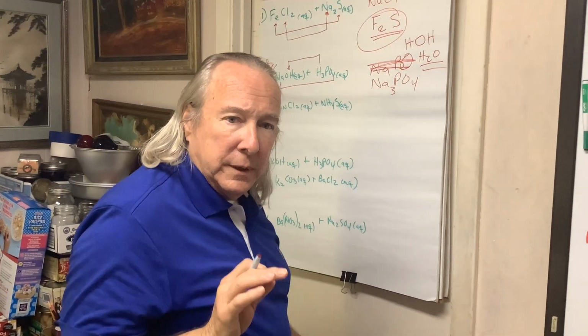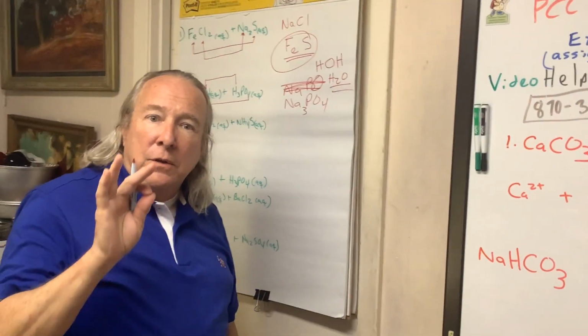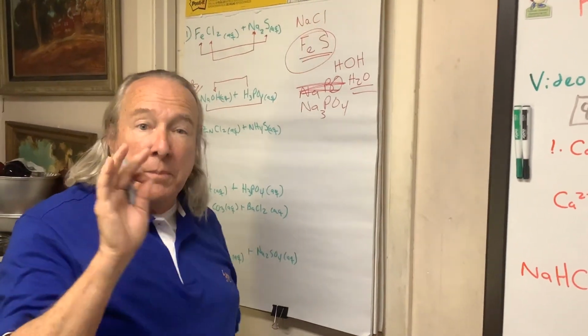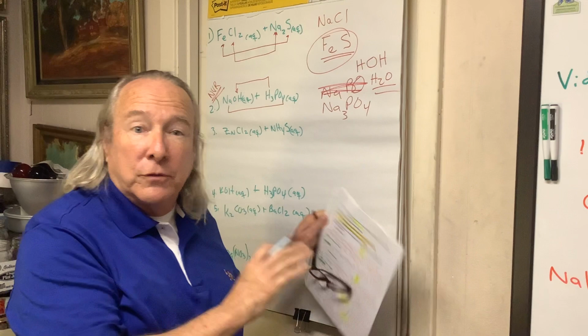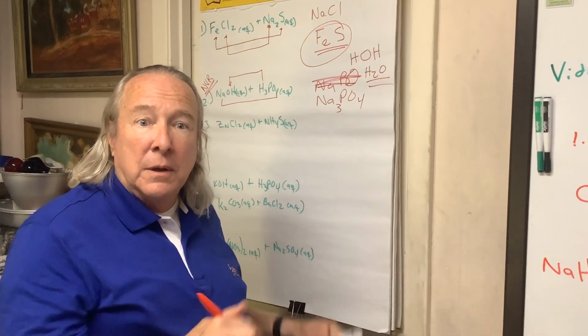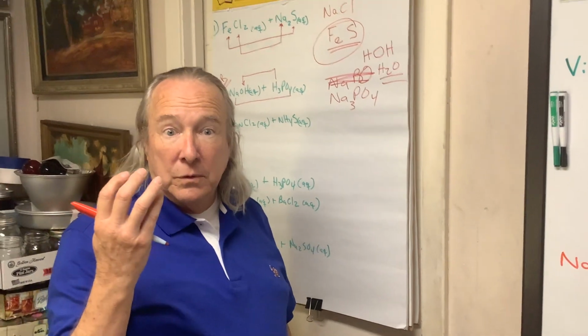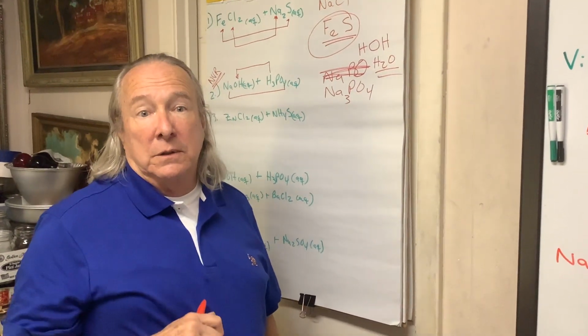In the laboratory and in chemistry, 3 things tell me a reaction has occurred: formation of a precipitate, which is what we're concerned about in this assignment, but also evolution of a gas, bubbles, and a change in color.